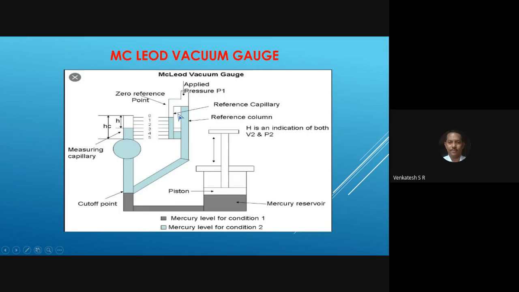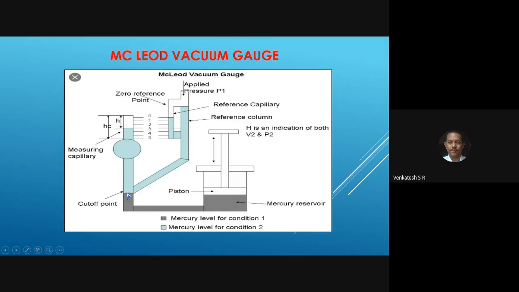And next, this is the measuring capillary. All of you observe here 0 to 5. Inside the reference capillary and the measuring capillary, there is a provision to fill both capillaries with mercury.